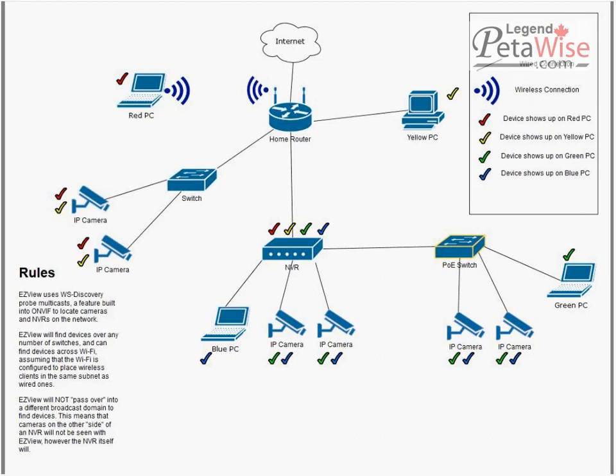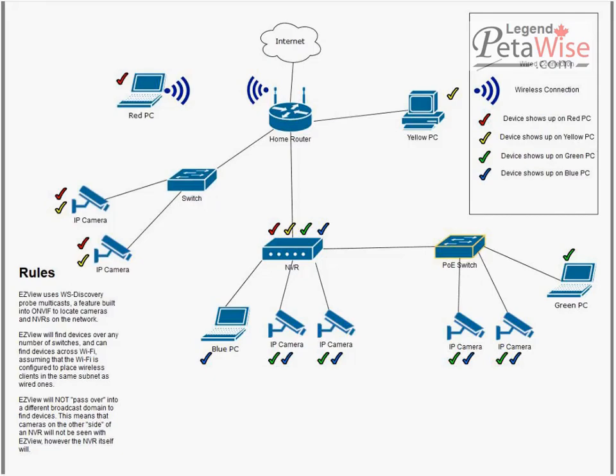We can't actually get into the IP address and connect to these cameras. We can only see these ones because they're on this side of the network, and we can get to the NVR because it's still facing this side of the network. But there are actually a couple of ways we can get in and connect to these cameras, and I'm going to show you how to do that.